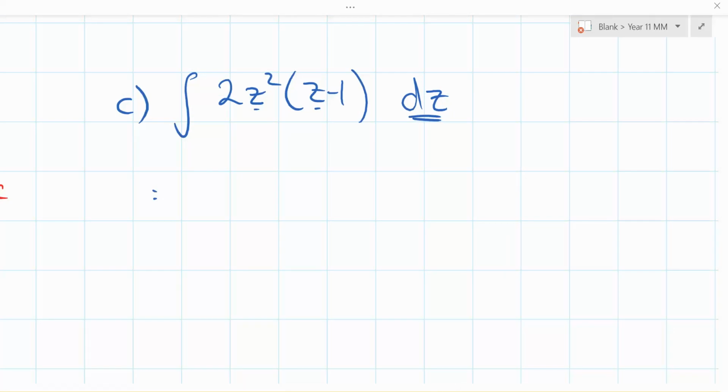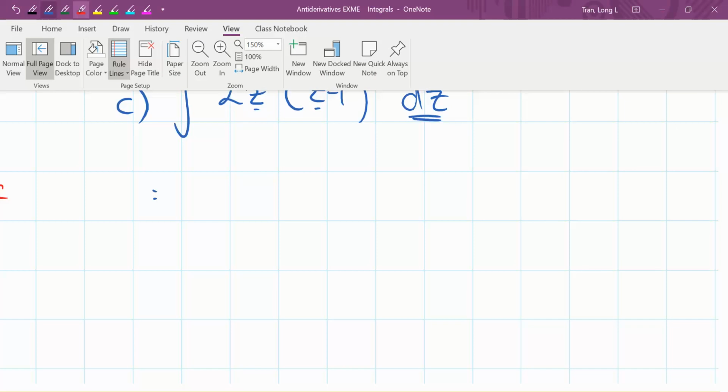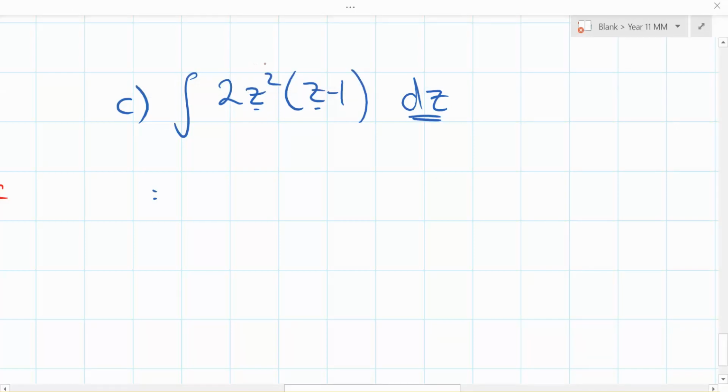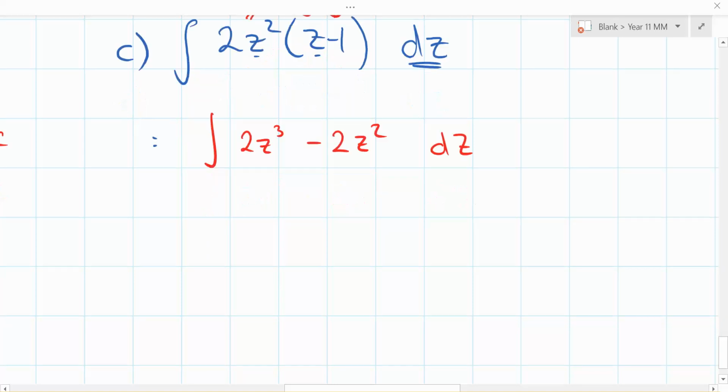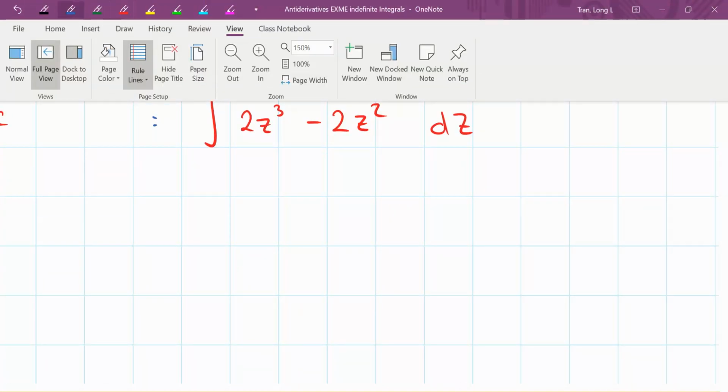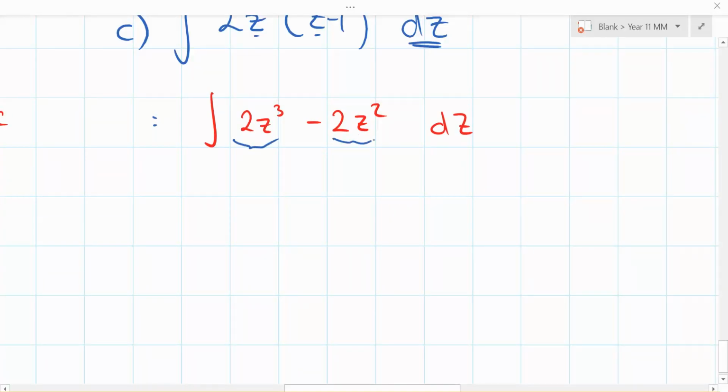We can only do it when it's z to the power of something or x to the power of something. So the only thing that you've got to do now is expand it to get into individual terms. So if you expand it, you get 2z cubed minus 2z squared dz. See, this one we can now do. Now we can use the rule to antiderive this and antiderive that.